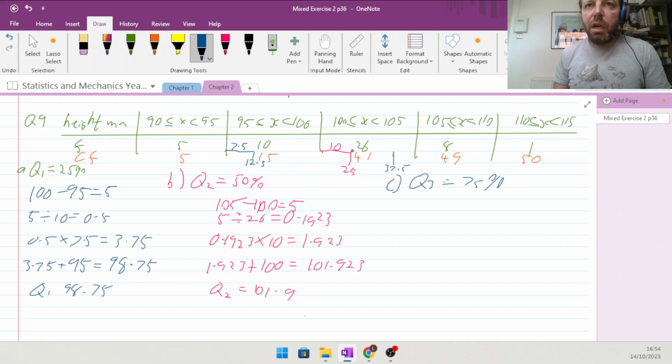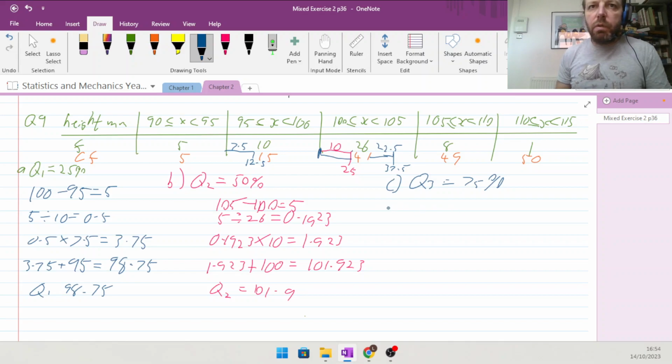We're up to 15 already to get to the start here. Taking 15 away leaves us with 22.5. So from here to here, we've got 22.5 people.